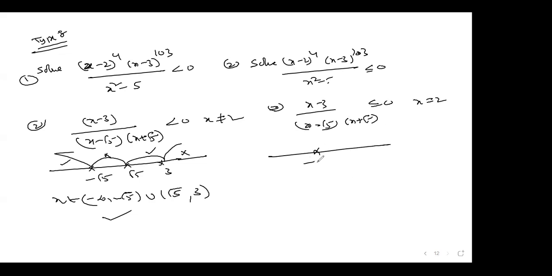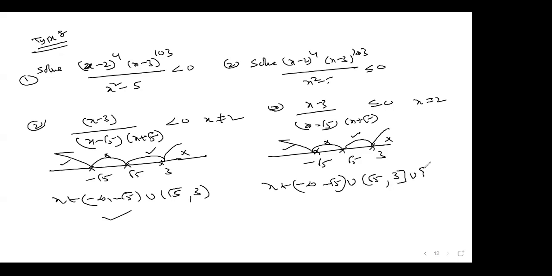On the number line, root 5, this is minus root 5 and 3. No, yes, no, yes, of course. x belongs to minus infinity to minus root 5. Denominator open. Union here, open root 5 to 3, closed. But 2 is missing. So union, what do you have to write? 2. Clear, sir?